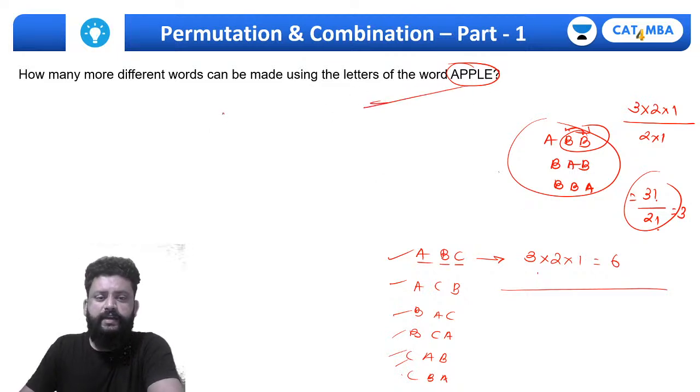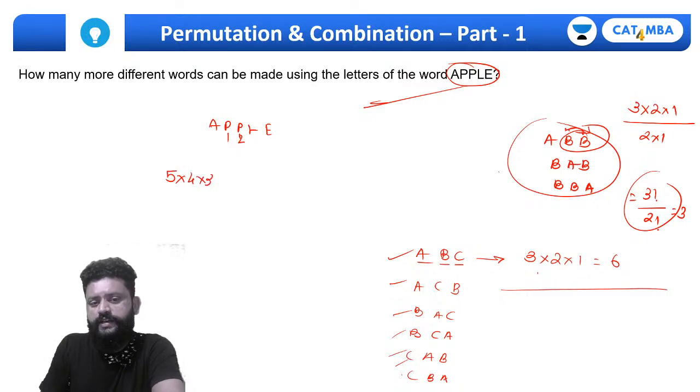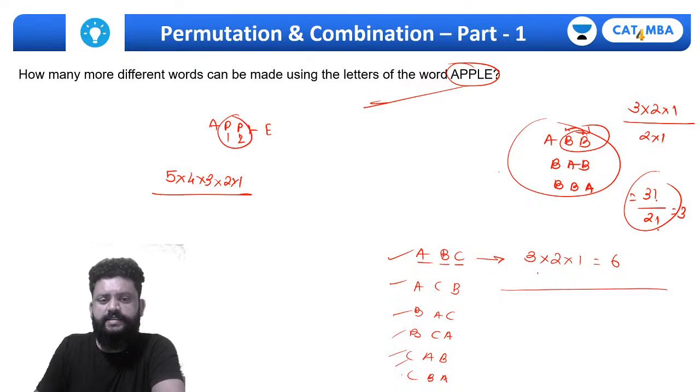The same way, if A, P, P, L, E, we do have 5 letters. If these were P1 and P2, what would the answer be? 5 into 4 into 3 into 2 into 1. Now these 2 P's are same, it's not 1 and 2, it's just 2 P's.